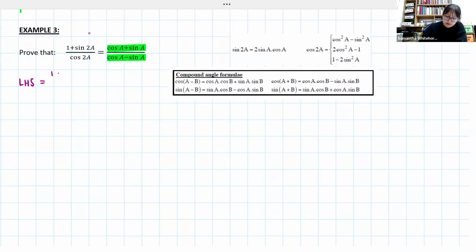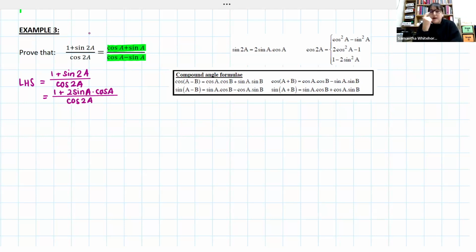I can see I've got some double angles I can start to work with. Because of the cos double angles, there are 3 options. I'll deal with that in a second. But I can definitely change the sine 2a to 2 sine a cos a, all over cos 2a.